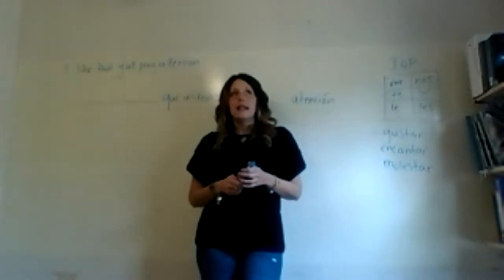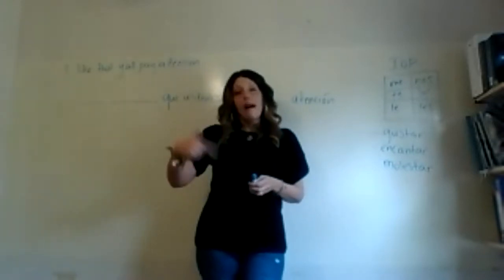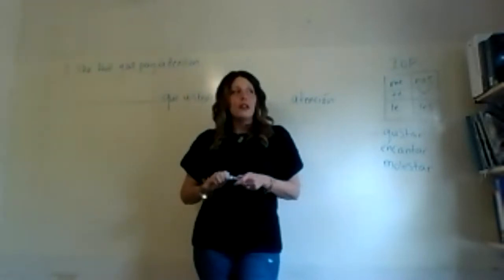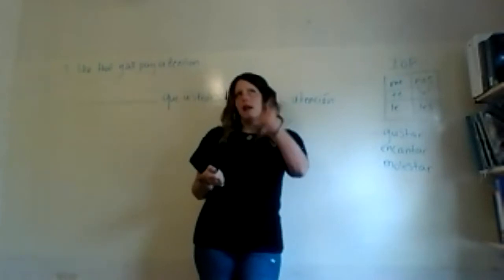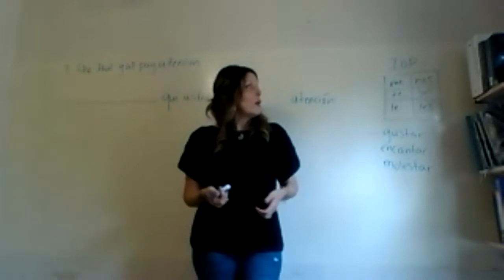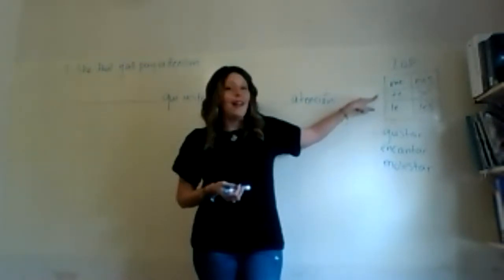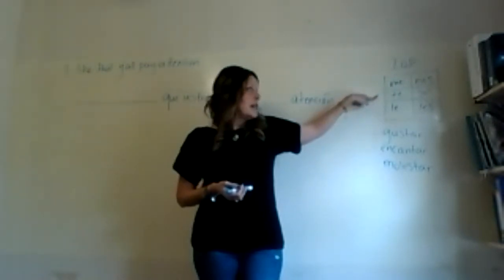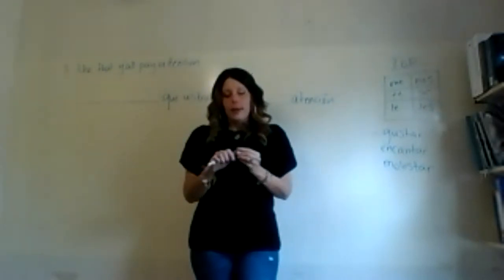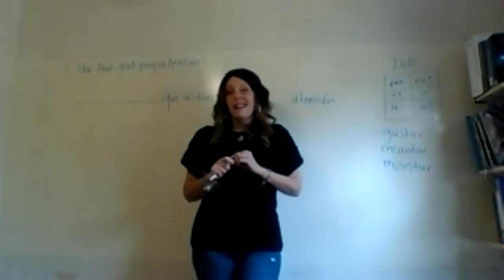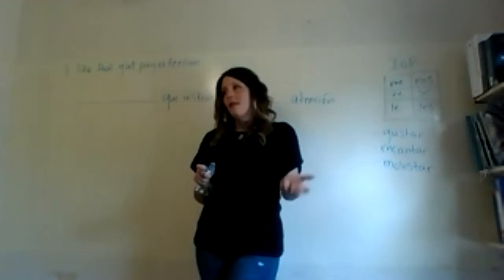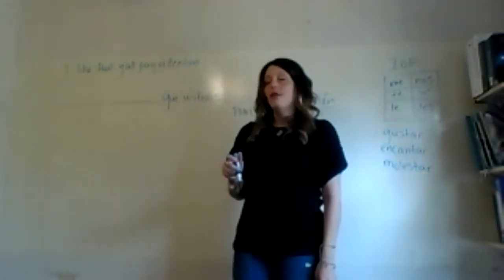If you want to say you love that I do something, who loves that? Well, I said you love that. So we would choose the appropriate IOP, te, and say te encanta, for example. For further explanation on how gustar and verbs like gustar work, you should look back at the stuff I have available for you to review.